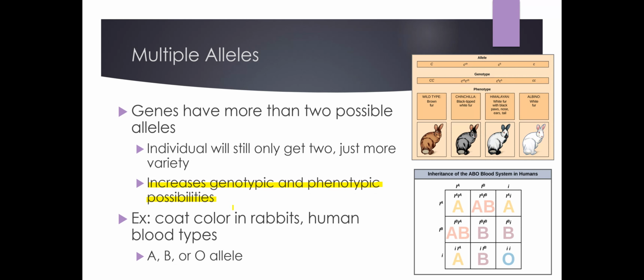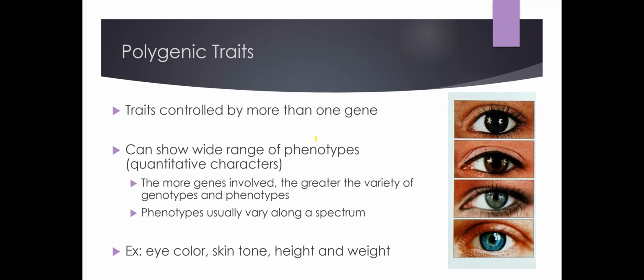It just gives you more variety. Now, just because there's more than two possible, remember that an individual will still only get two, one from mom and one from dad. And we see this in our blood typing. There's 3 possible blood typing alleles, and that gives us 6 different genotypes and 4 different phenotypes, okay? This is also something that you can see in rabbit fur color. So there's 4 different alleles here, and then that gives you different phenotypes. So all this does is increase the varieties.